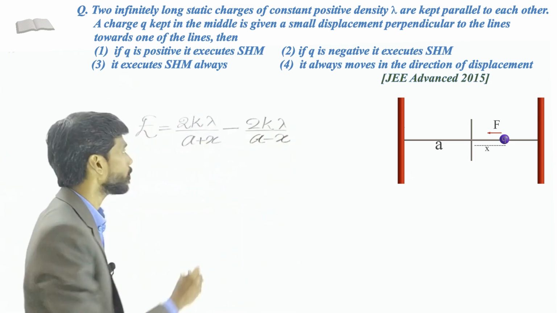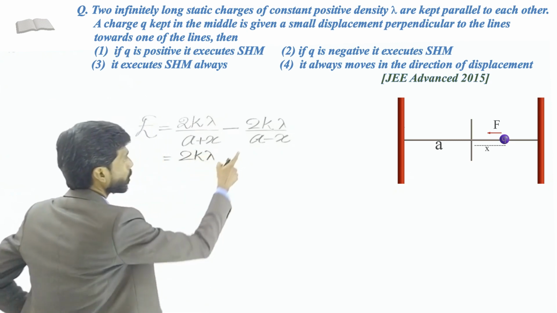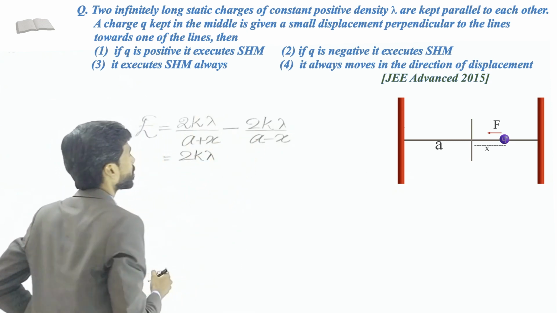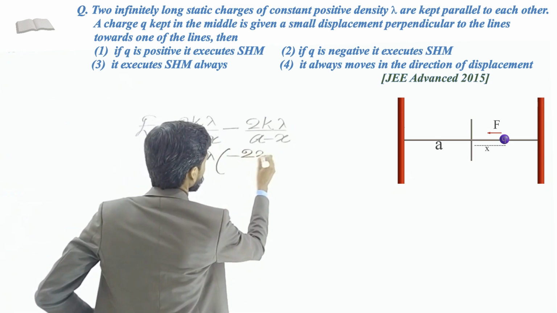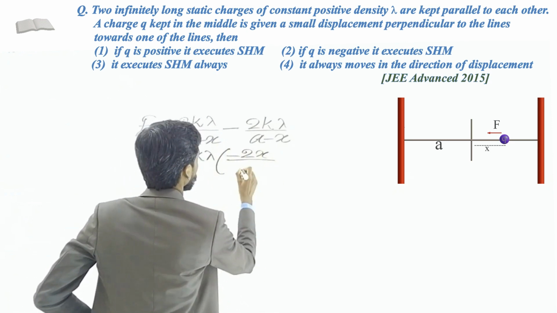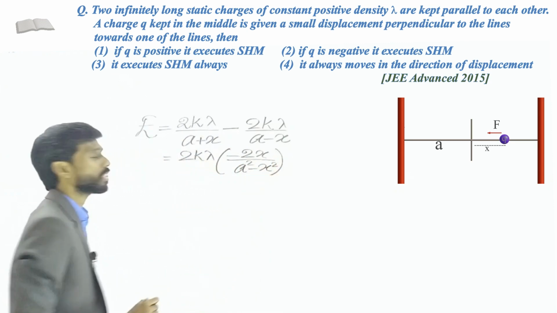Okay, so let us simplify this. This is 2k lambda times a minus x minus a plus x, so that will become minus 2x divided by a squared minus x squared. So this is the electric field.